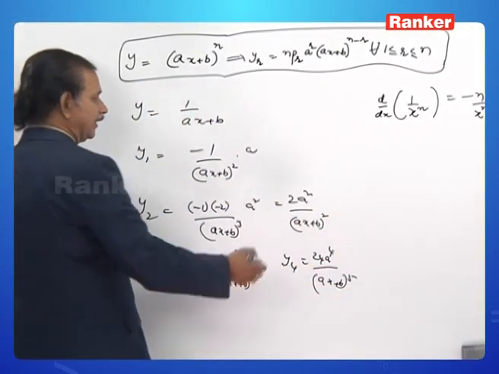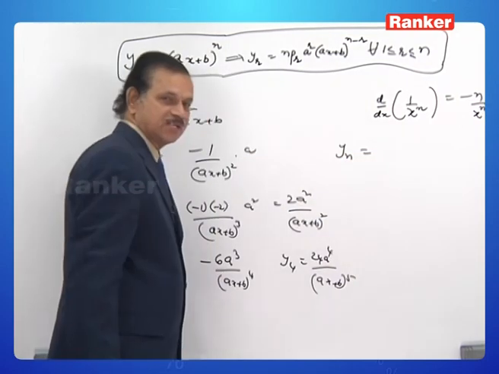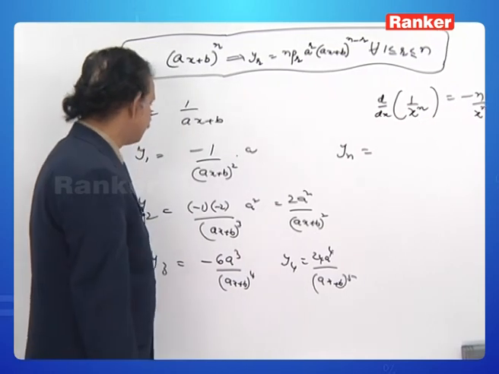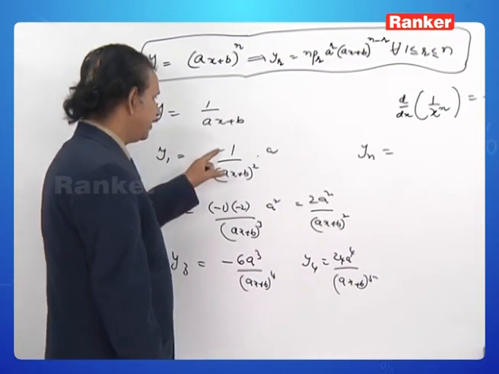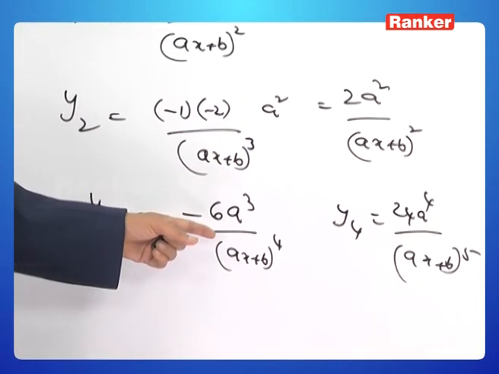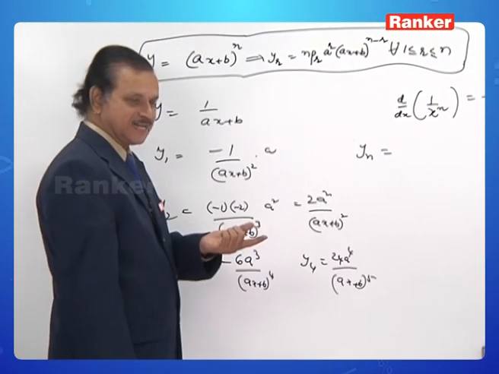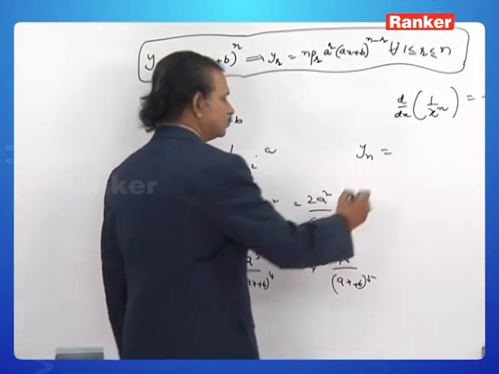By observing all these, what is yn? What I mean to say is, in the nth derivative, y1 is negative, y2 positive, y3 negative, y4 positive, y5 negative, like that. For yn, who knows about n?